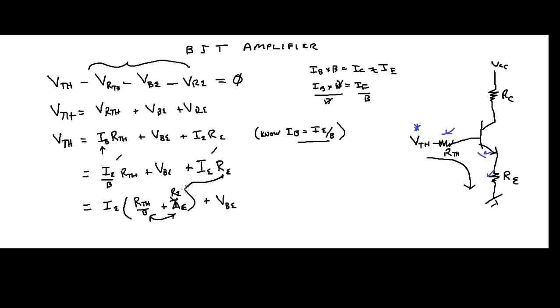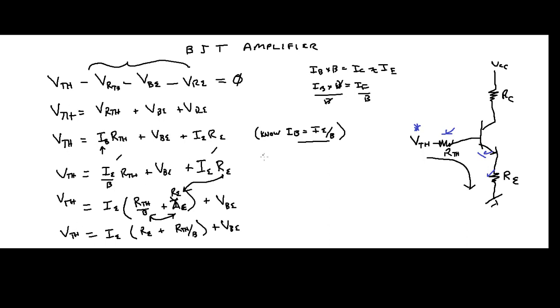So if we reverse these two terms, we have IE times RE plus RTH divided by beta, plus VBE. Got it? And this is all VTH, right? VTH in VTH.